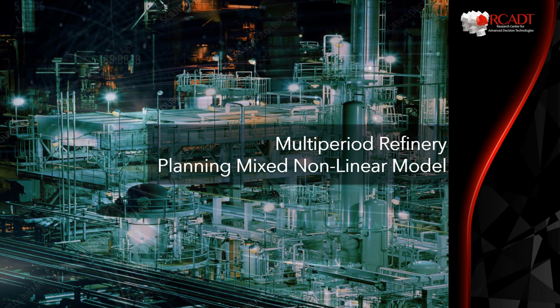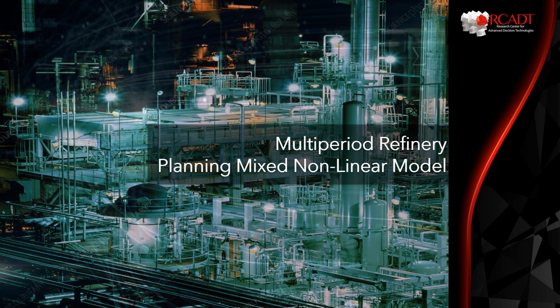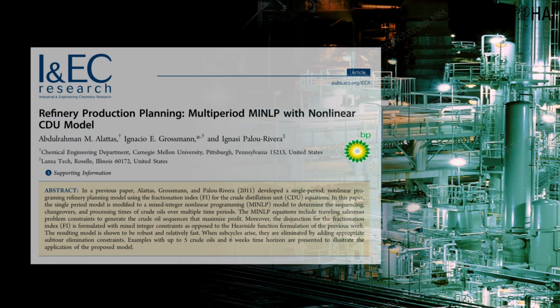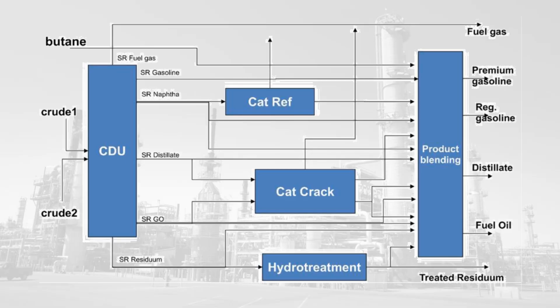Multi-period refinery planning mixed nonlinear model. This section is supported in the paper. Refinery production planning, multi-period MINLP with nonlinear CDU model. The configuration, like the one shown, provides information on the major separation, conversion, and blending units, along with the refinery feed streams, product streams, and interconnections between the different units, where the crude is separated into different cuts in the crude distillation unit, CDU.